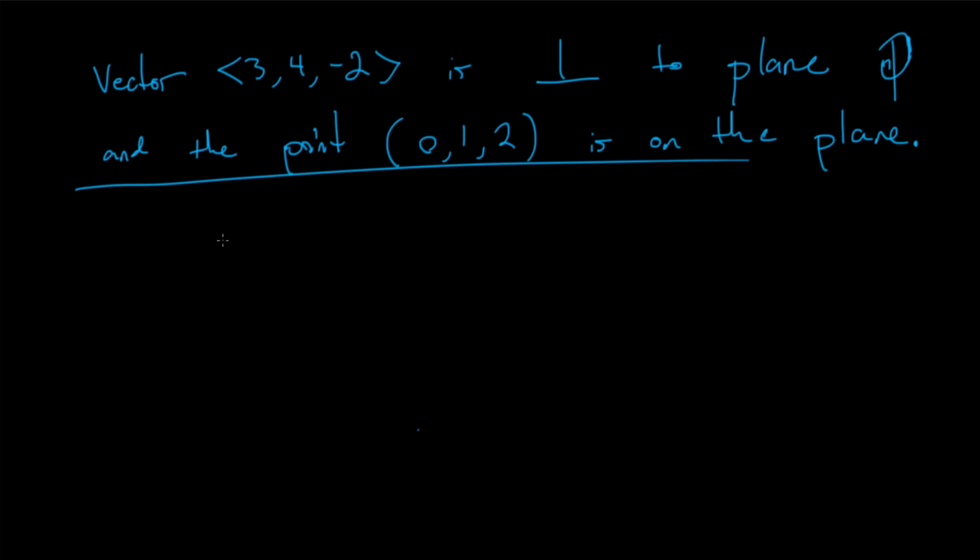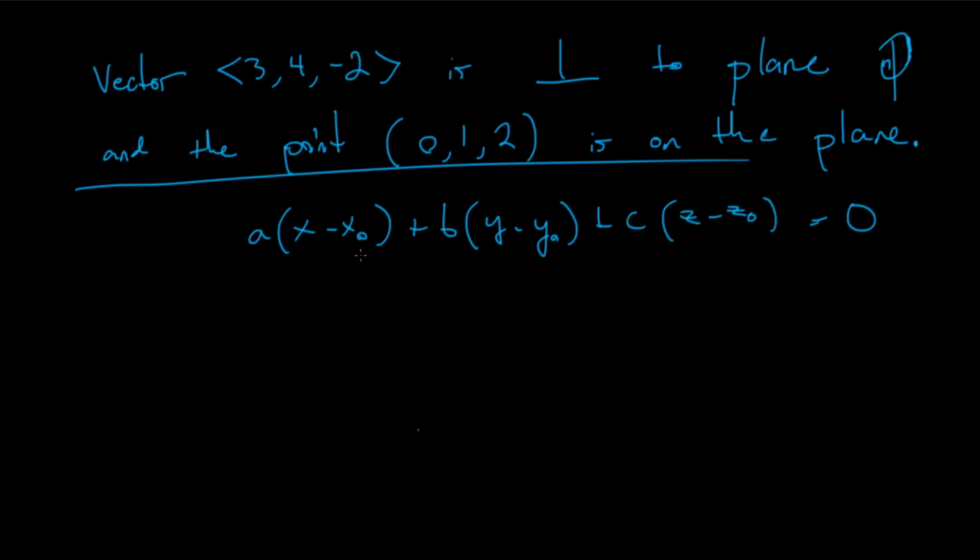It's actually a pretty straightforward question to answer. So we have the equation a times x minus x naught plus b times y minus y naught plus c times z minus z naught equals 0. And all you need to do is plug in what you know. A, B, C was that vector, right? The coefficients are the perpendicular vector. This might be a good time to remind you that in ax plus by plus c, the line, a, b was the perpendicular vector.